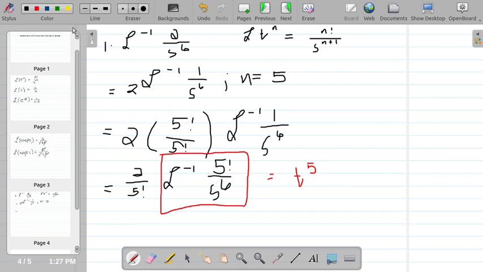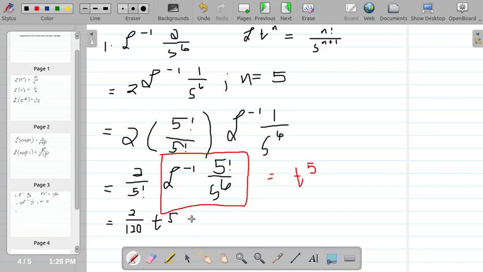To solve this, 2 over 5 factorial is 2 over 120, times the inverse Laplace of this function, which is t raised to the power of 5.